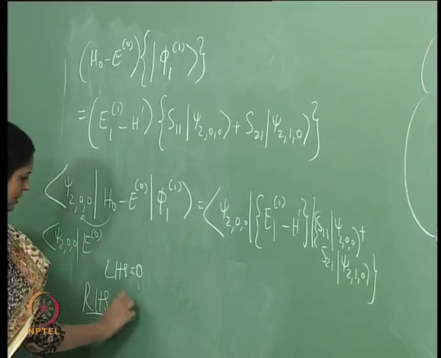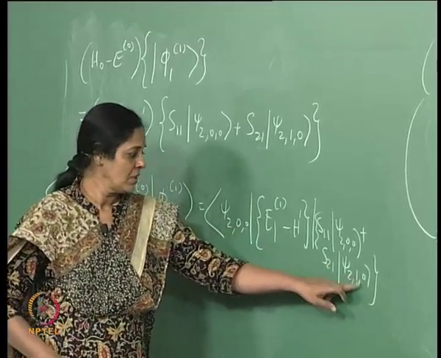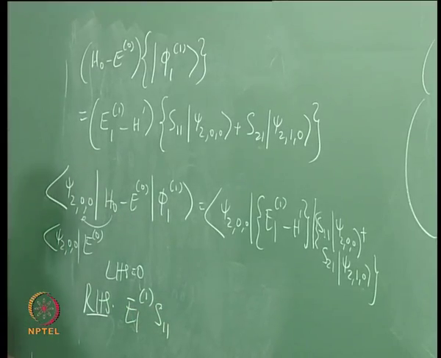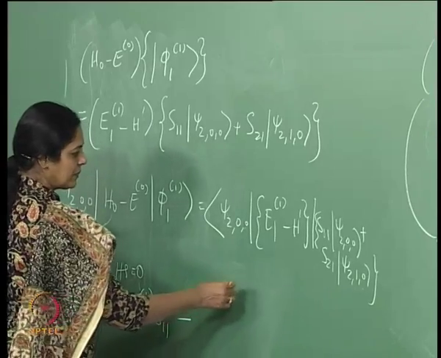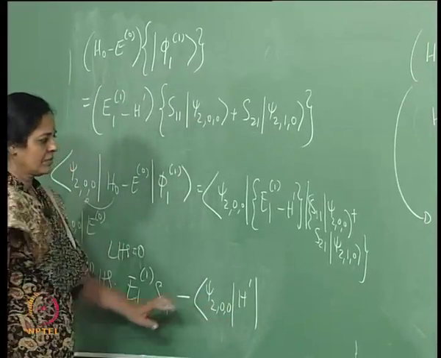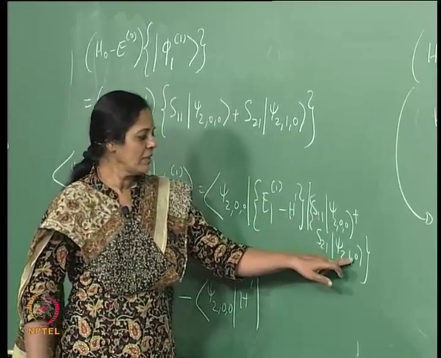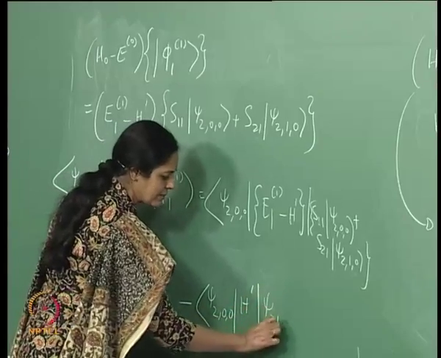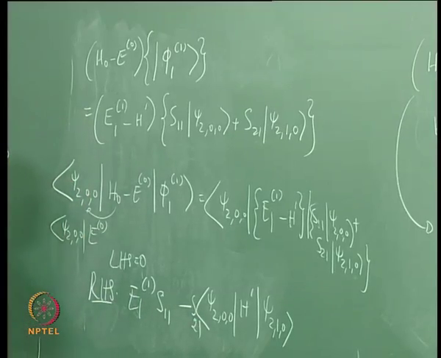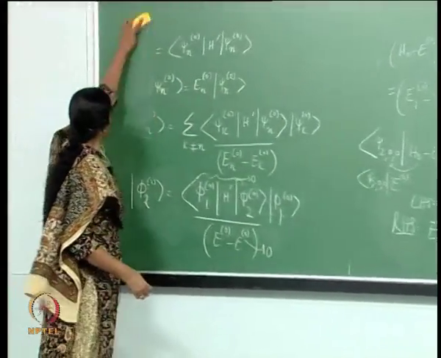The first term is E 1 1, and remember psi 2 0 0 is orthogonal to psi 2 1 0. So the contribution is really E 1 1 S 1 1, which is just a number, minus psi 2 0 0 H prime. H prime cannot connect states of the same parity, so I can only work with psi 2 1 0 on this side, and there is a coefficient S 2 1. So that is the first equation that I have. In other words, I can well write it as follows.